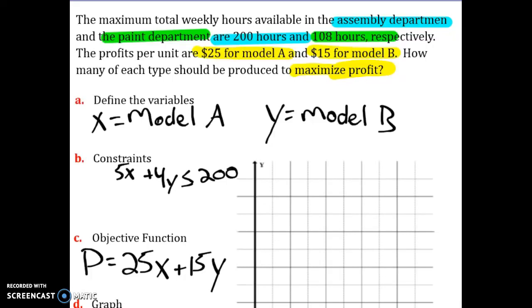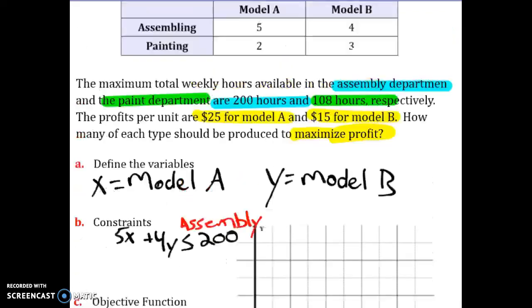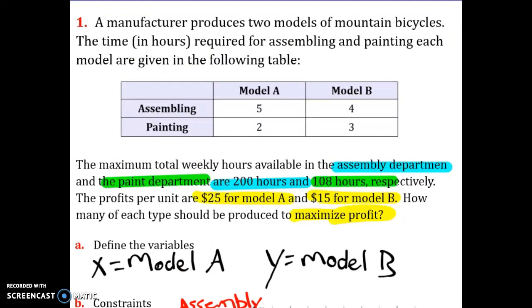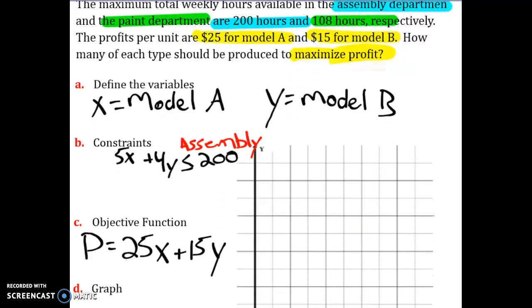That represents assembly. My other equation deals with the paint. Model A spends 2 hours getting painted, model B spends 3 hours getting painted, and all total I only have 108 hours to paint. So my other constraint equation is 2x plus 3y is less than or equal to 108.